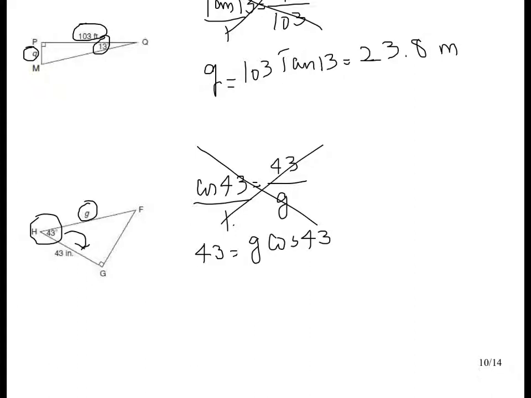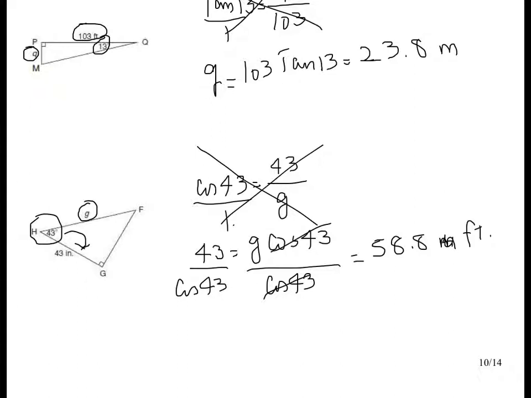Now, since I have to find g, I have to get rid of cos 43. To get rid of cos 43, I'm going to divide by cos 43. So I get g is 43 divided by cos 43. And how much is it? 58.8, thank you. 58.8, sorry, inches.